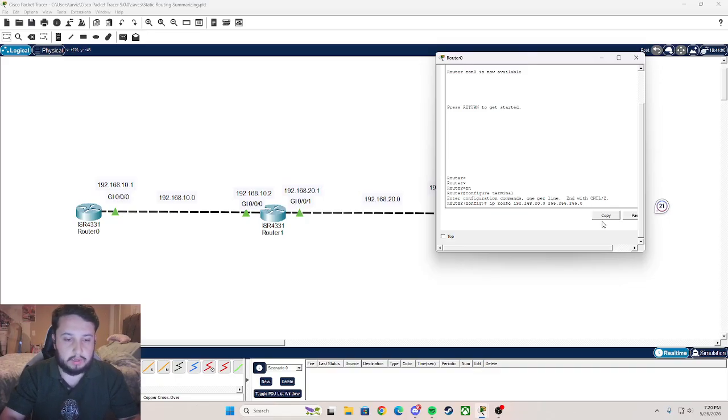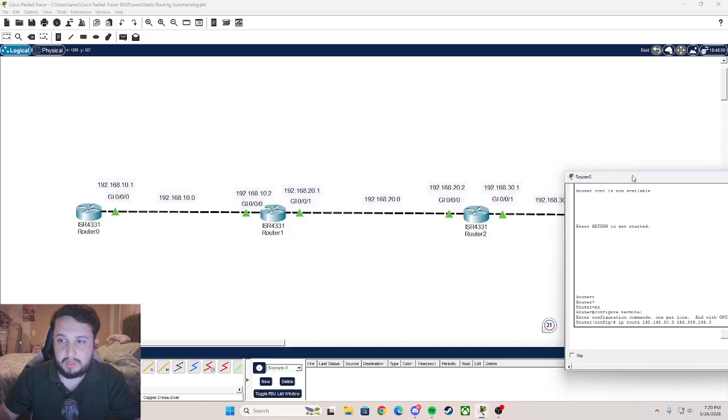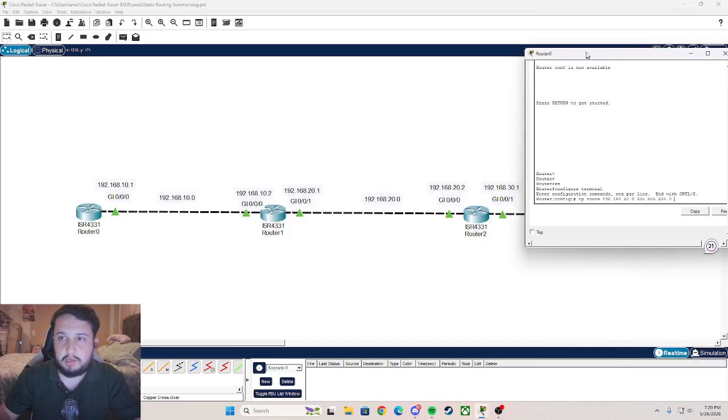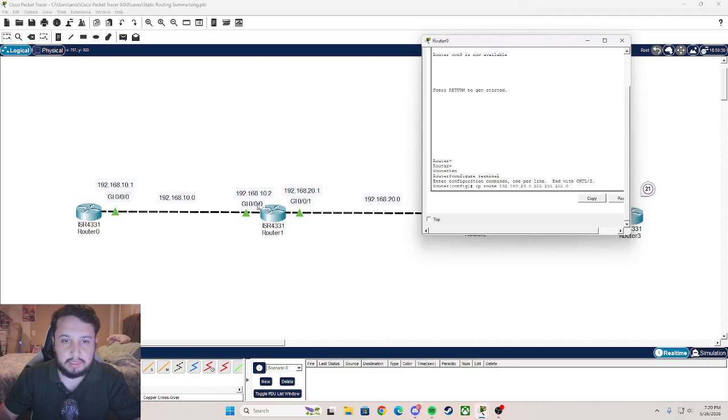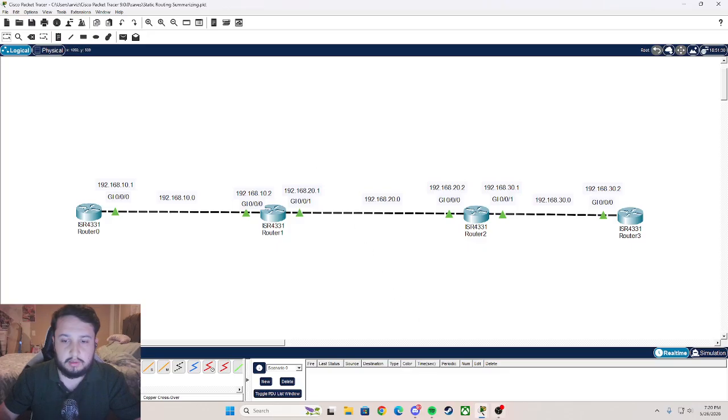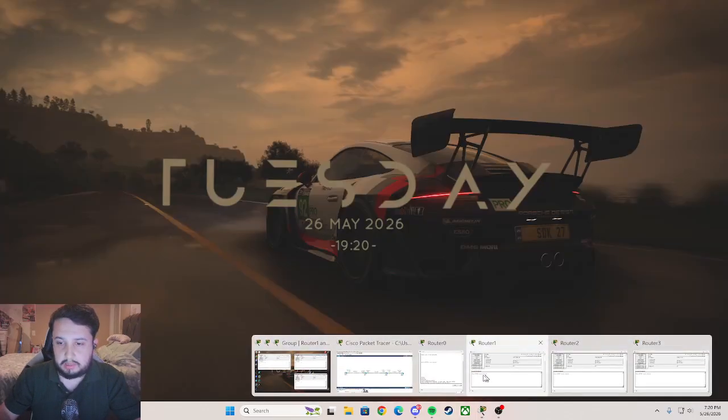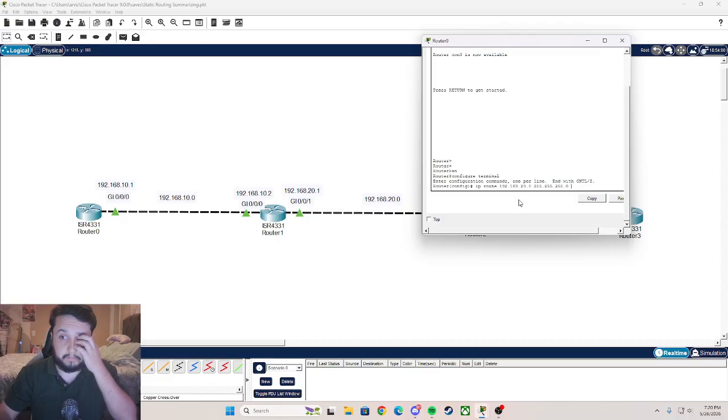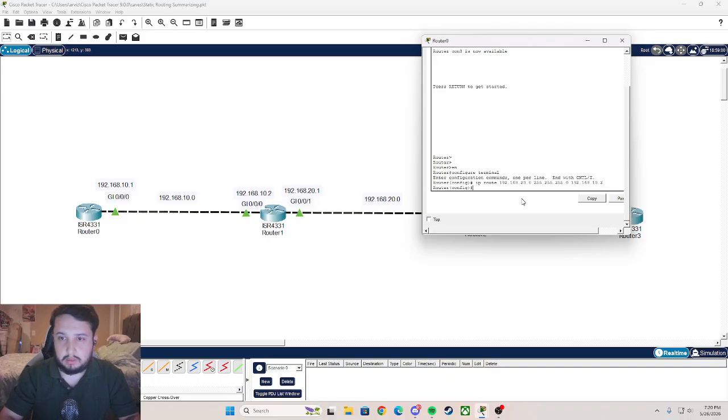And then what I'm doing next is the next hop. So for router zero to speak to router two, it has to go through router one. My next hop would actually be this IP, 192.168.10.2. And established.